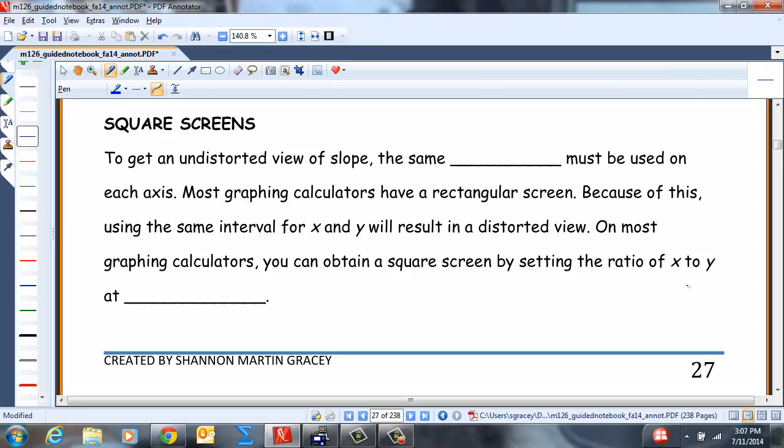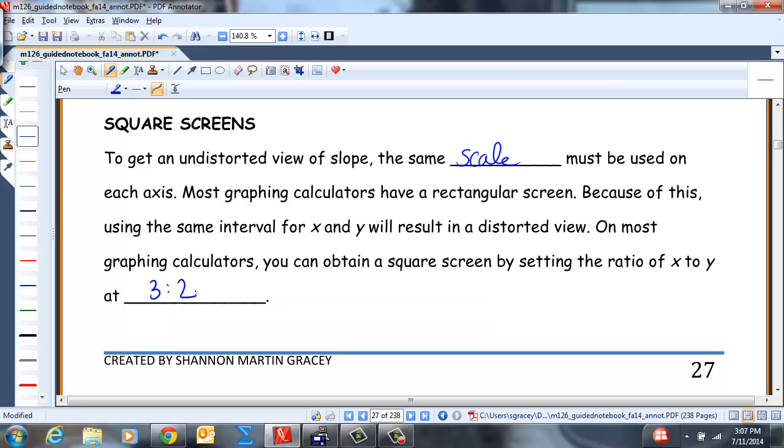So we want to use the same scale on each axis. And to adapt for that rectangular screen, which gives you a distorted view, if you make the ratio of x to y at 3 to 2, that will help adapt for it.